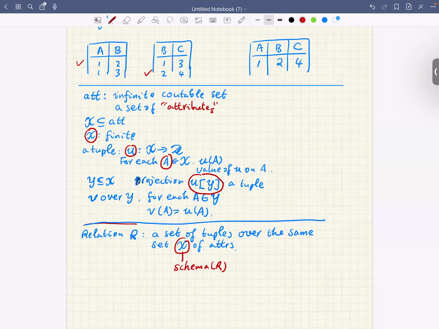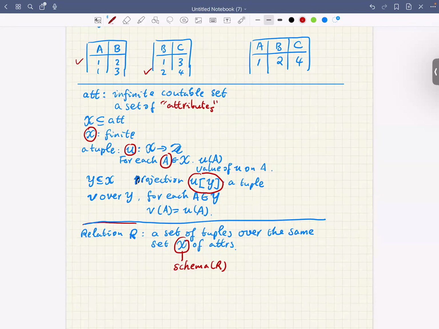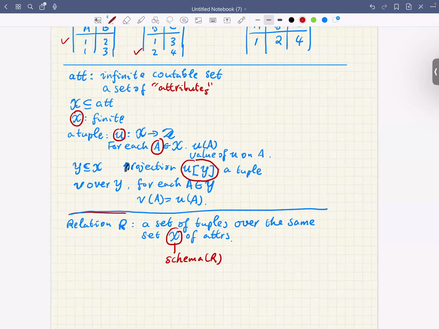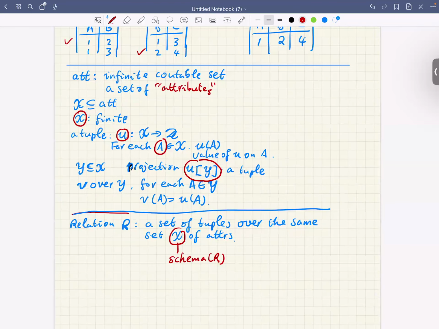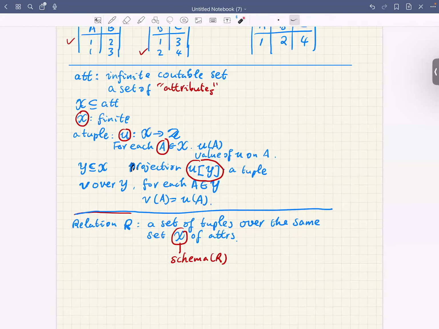All right. There's another very important thing here. Look, this is a set. So in mathematics, every time we talk about sets, we imply that the elements inside this collection are distinct. Otherwise, we call them multi-sets. You see what I'm saying? Now, this is very, very important.